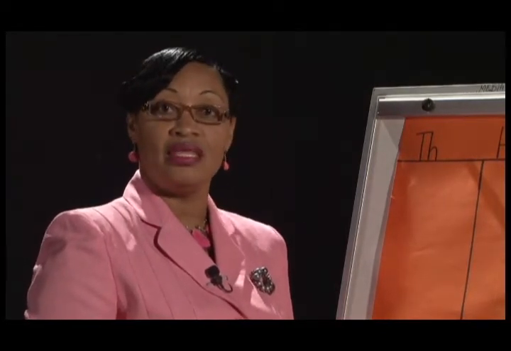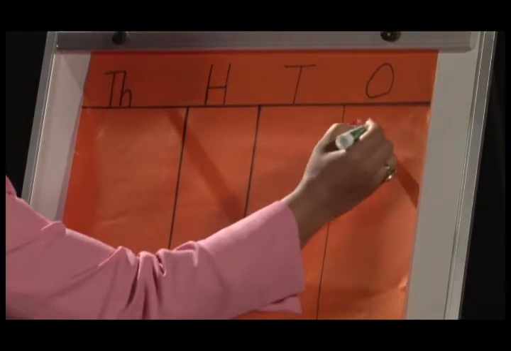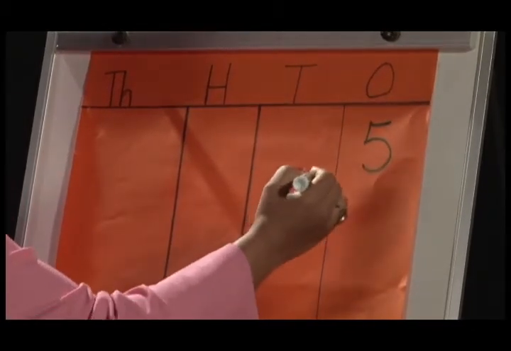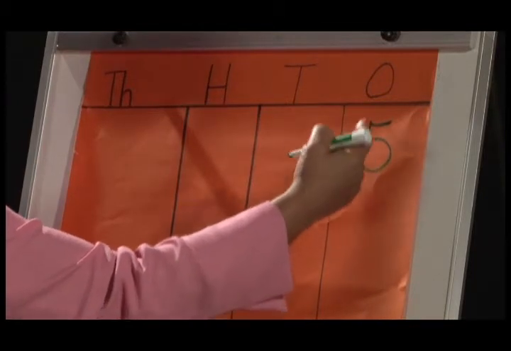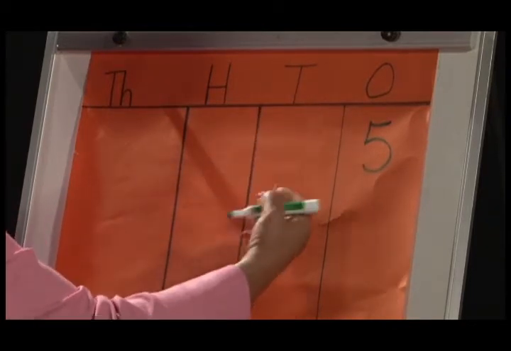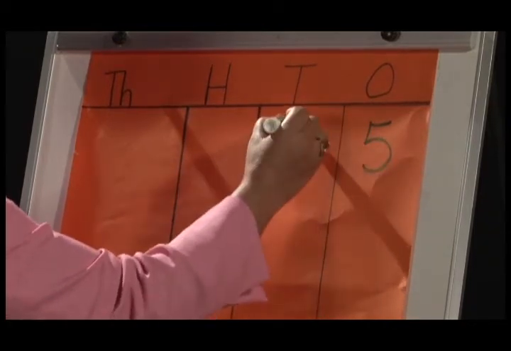Can you tell me how many tens and how many ones are there in the numeral 15? Let's see how I will represent this. Starting from the far right corner where we have our ones represented here and our tens here, we'll have 5 and 1.